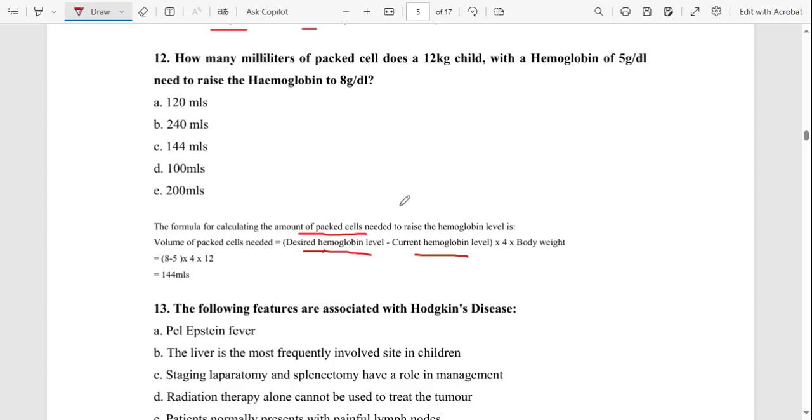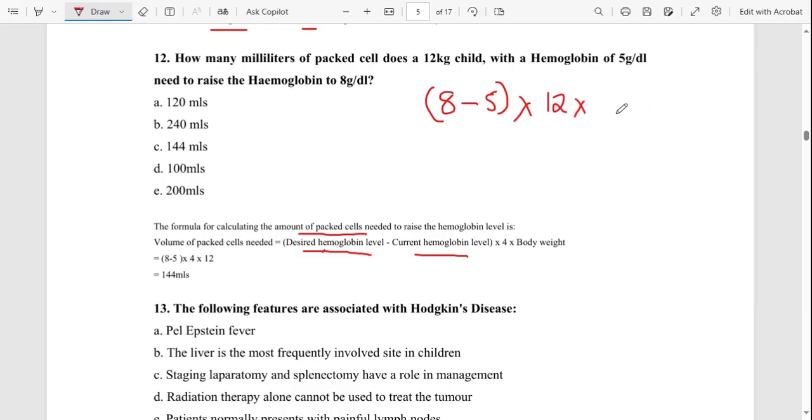Okay. So for this question we've been told with hemoglobin of 5 to raise it to 8. So we'll say 8, that is what we desire, minus 5. Okay. And then we multiply by the body weight. In this case, this is 12.